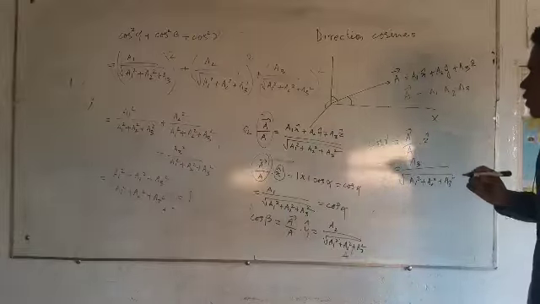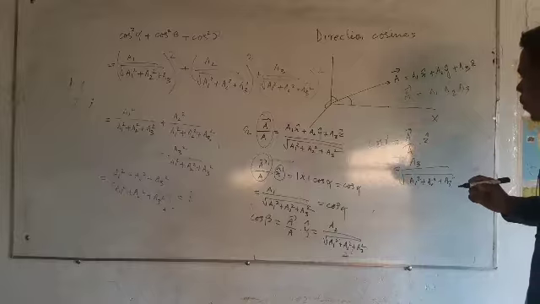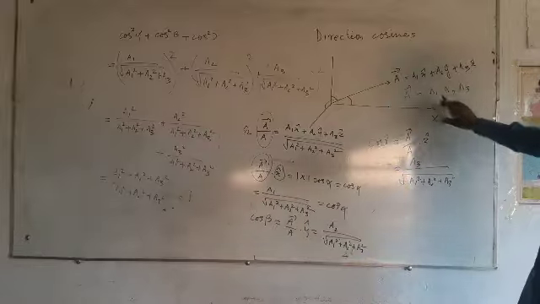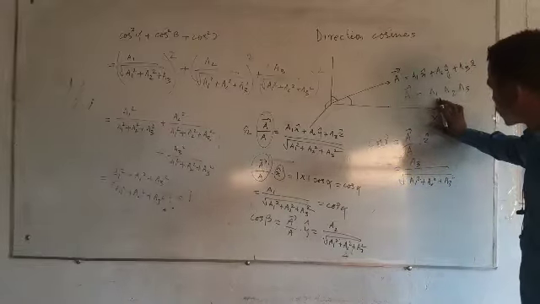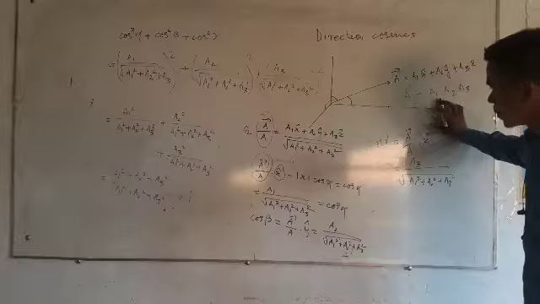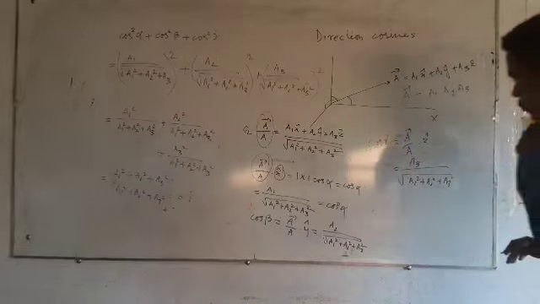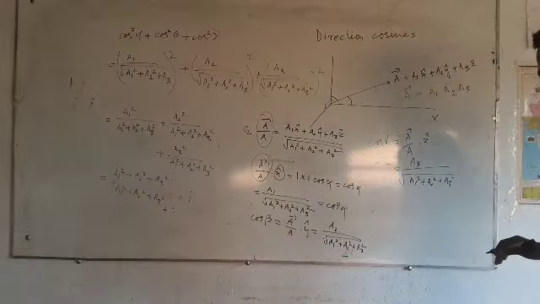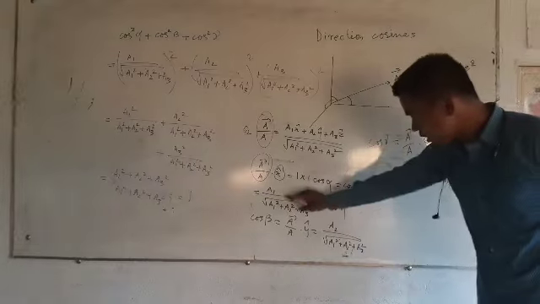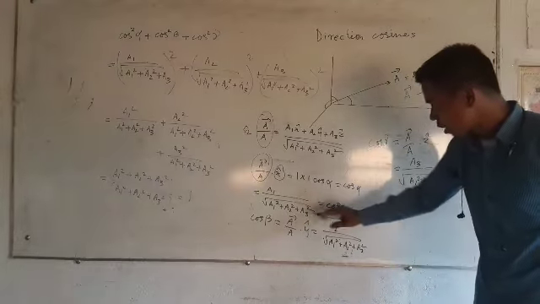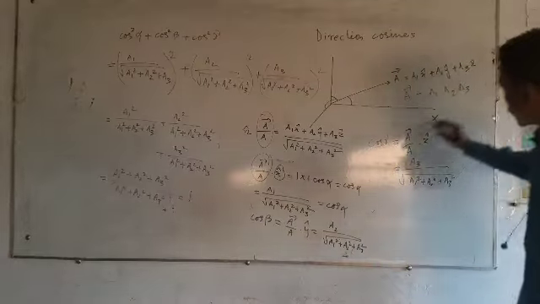Now, let's see how to obtain direction ratios from direction cosines. Cos alpha is equal to A1 divided by the magnitude. Now, how to obtain A1?